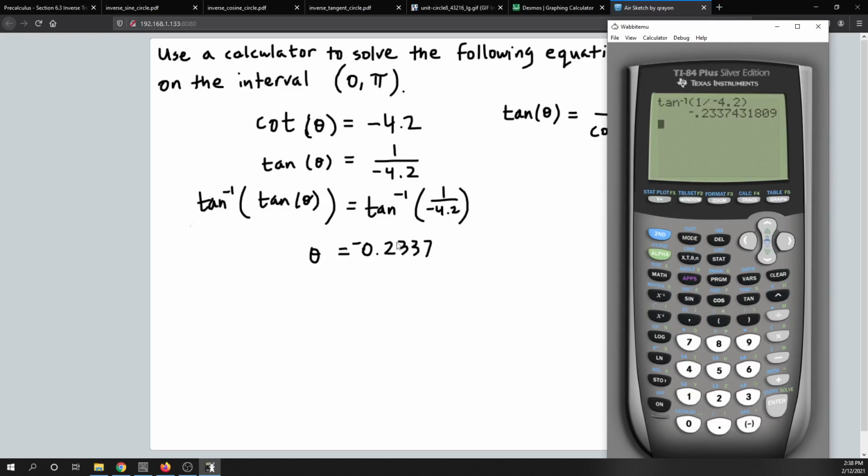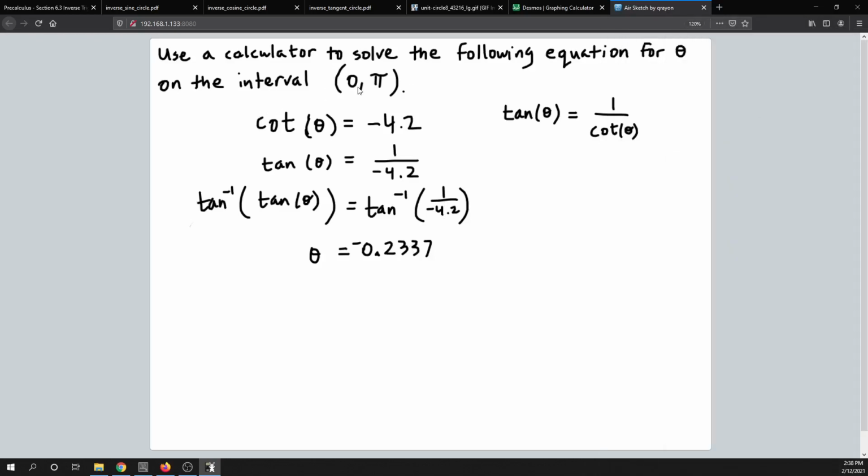Okay, so now you might think that's the answer, right? But if you look at that, that answer can't possibly be correct. The reason is because they want the answer from 0 to pi, okay? So if they want the answer from 0 to pi, well, this is a negative number. It couldn't possibly be between 0 and pi, which is roughly 3.14159. So this is not in the correct range.